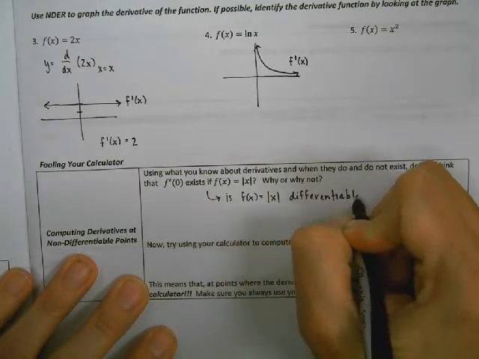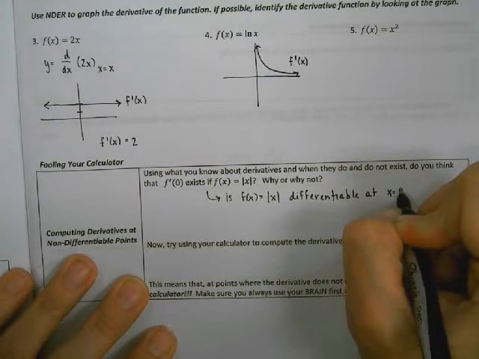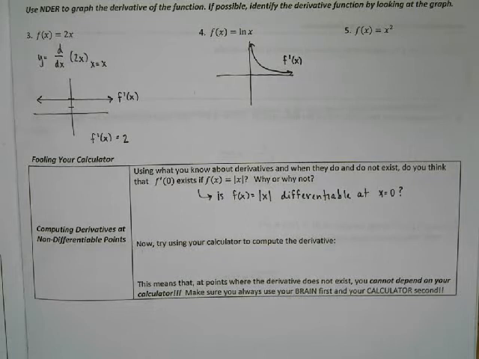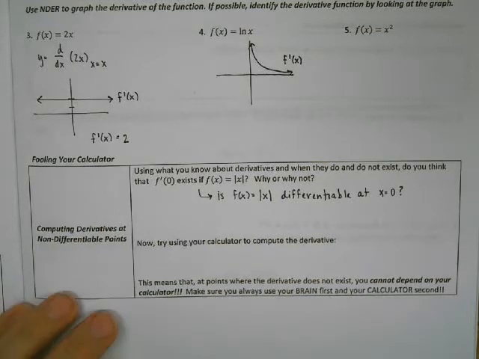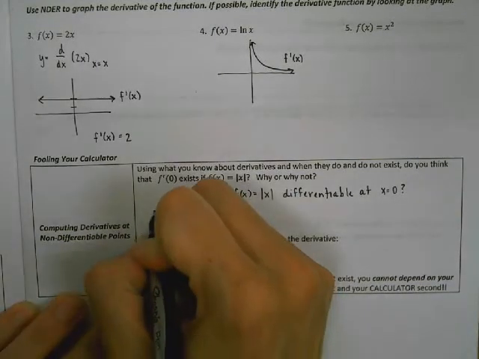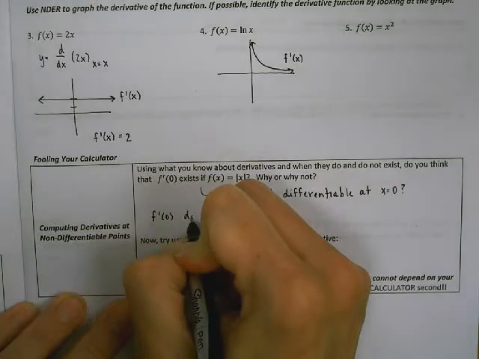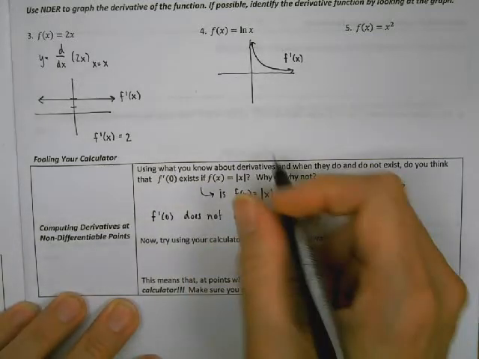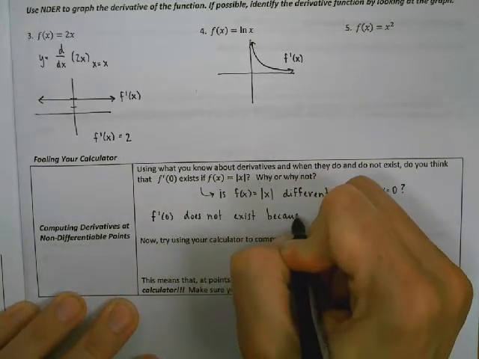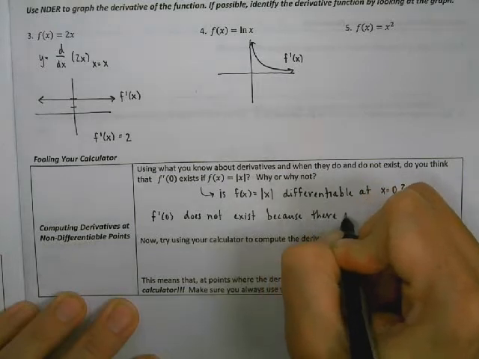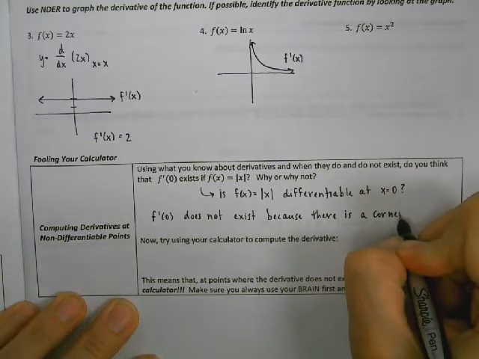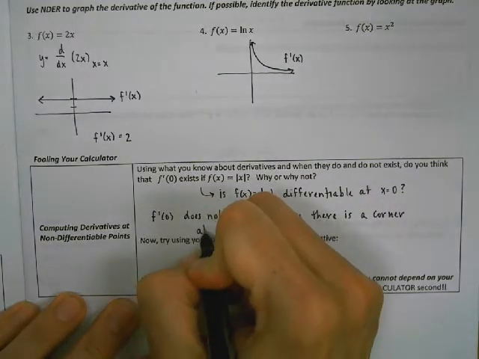Is it differentiable at x equals 0? And hopefully by now we'd say, well, since that's an absolute value, I know that it's not differentiable there because it has a corner at x equals 0. So f prime of 0, we would say, does not exist because there's a corner at x equals 0.